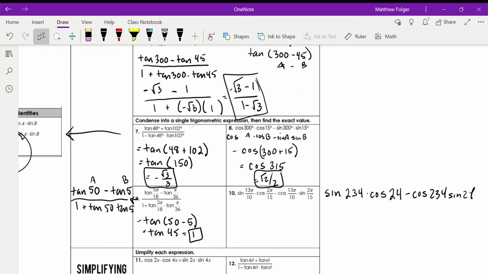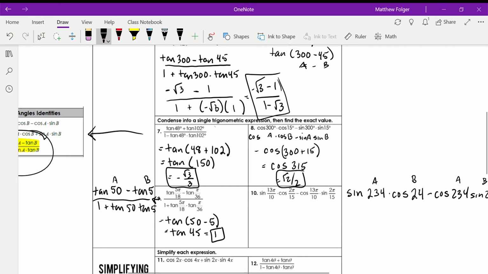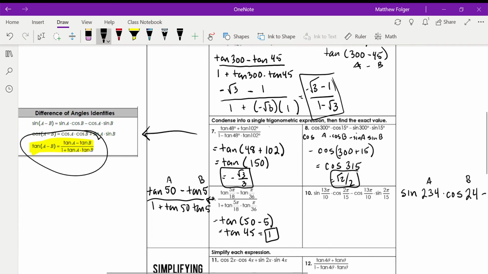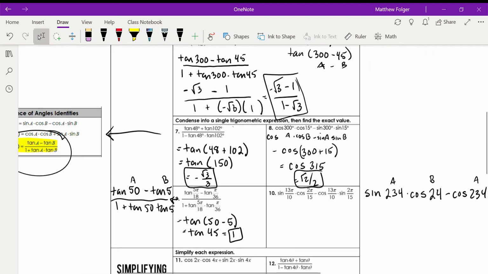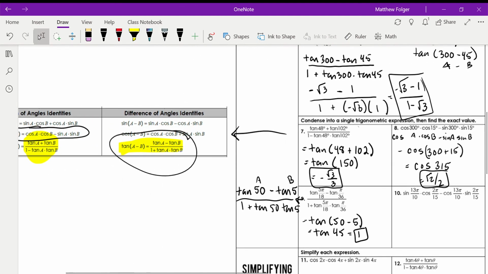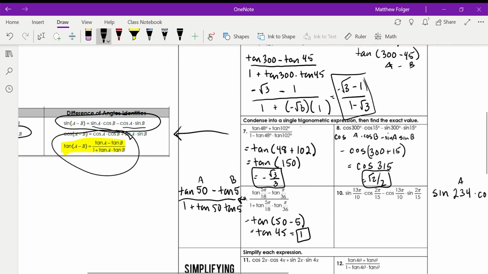Now, this is sine A times cos B minus cos A times sine B. So let's see which one that is. That's this bad boy right here. Sine A cos B minus cos A sine B. So it's sine of the first one minus the second one.